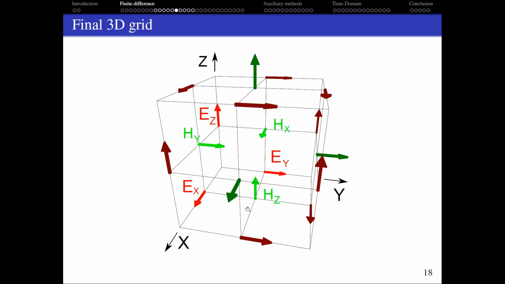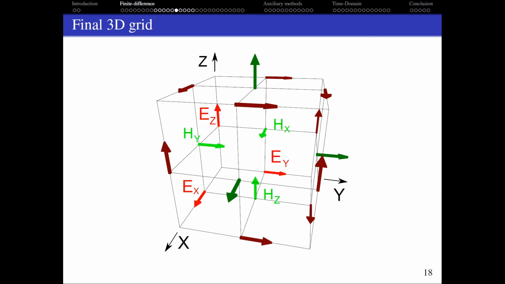When you combine all of this in 3D, you get a grid that looks like this. So all the different components of your electric and magnetic fields are going to be defined at different locations.